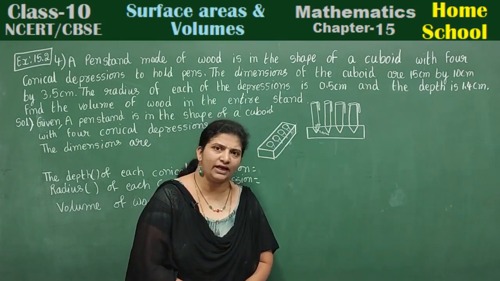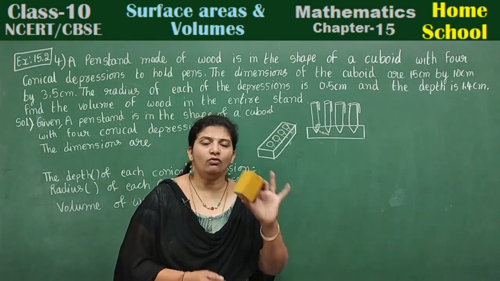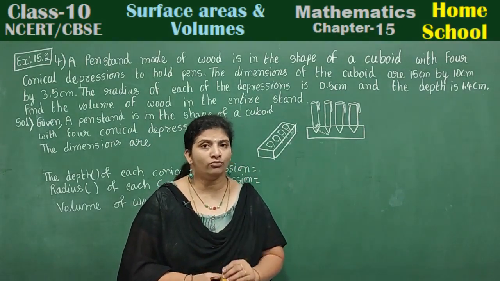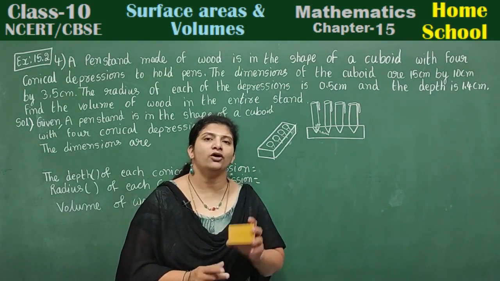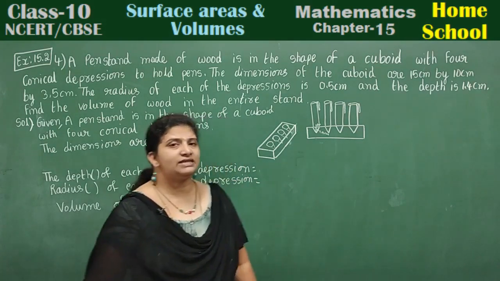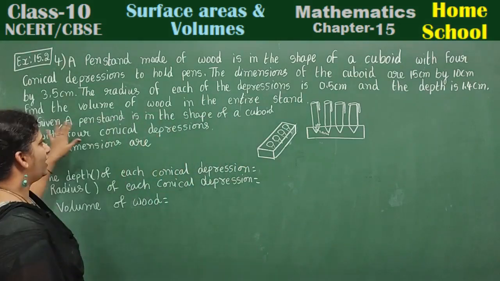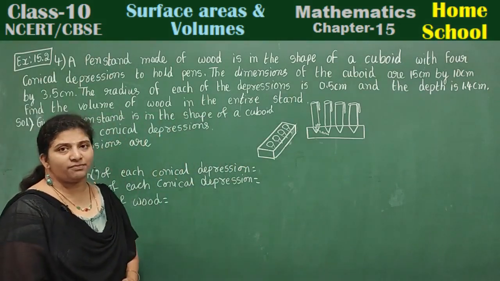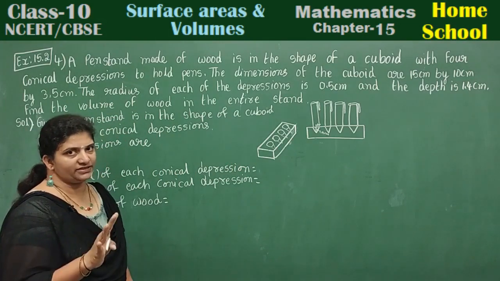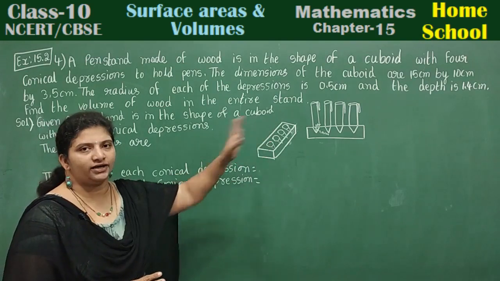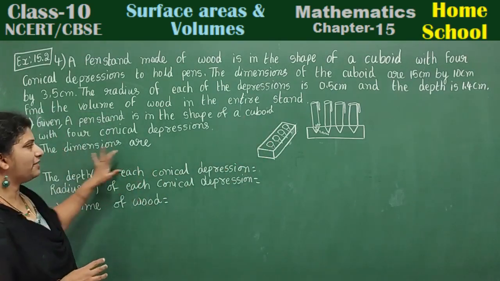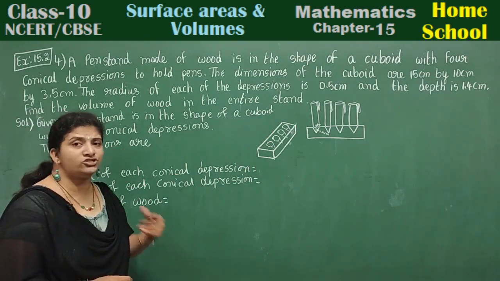How can we find out? From the total volume of this cuboid, if you remove the volume of 4 cones, you are going to get the volume of the remaining solid. Okay. Let's start our solution. Given a pen stand is in the shape of a cuboid with 4 conical depressions. I have written it in the given data. The dimensions are, dimensions of what?